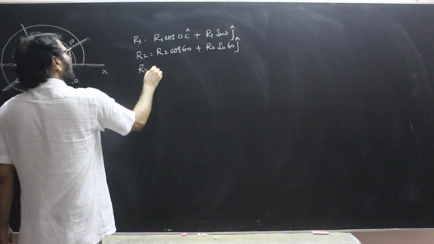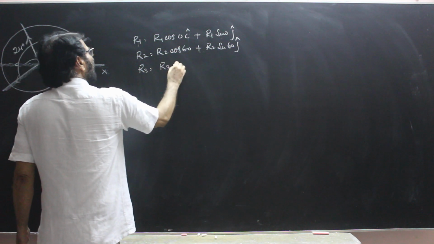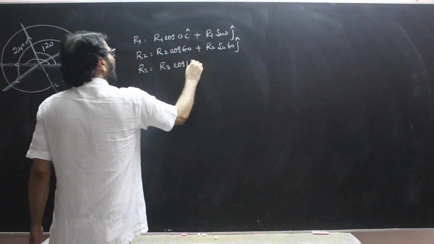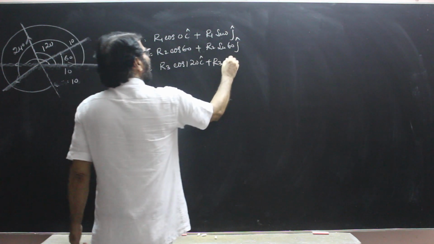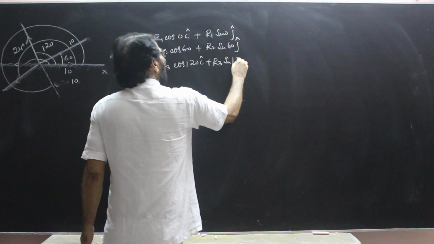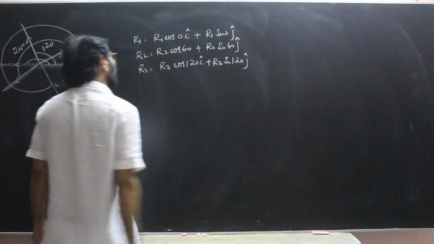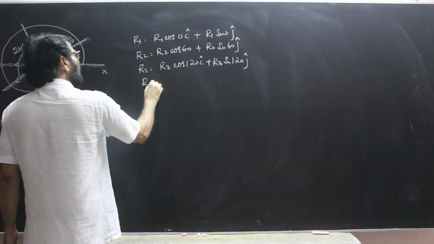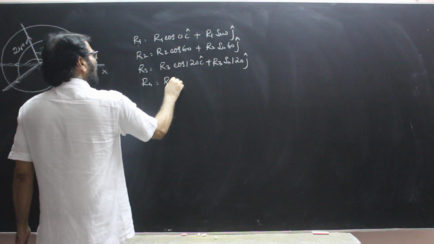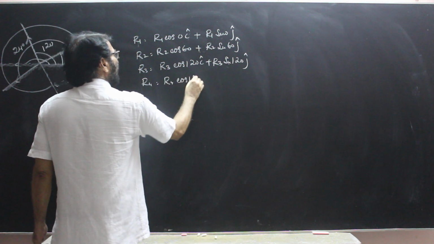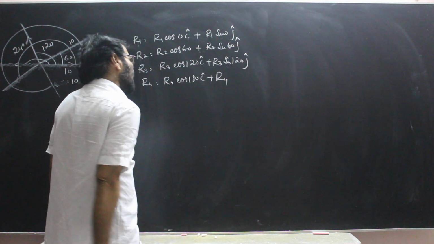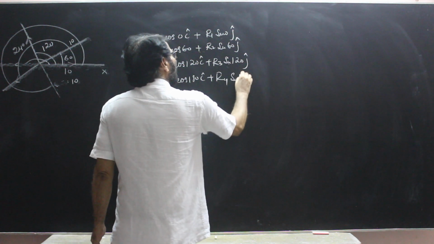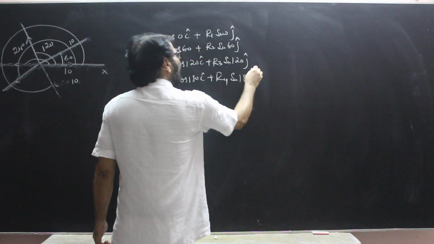R3 is R3 cos 120 i plus R3 sin 120 j. R4 is R4 cos 180 i plus R4 sin 180 j.